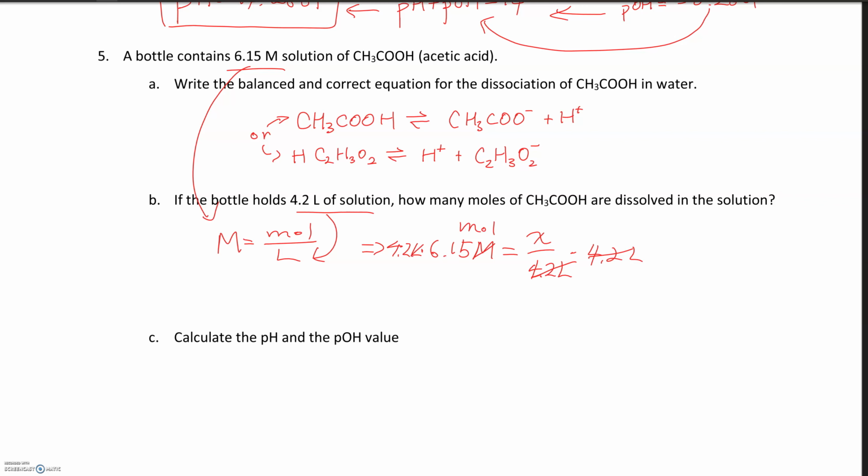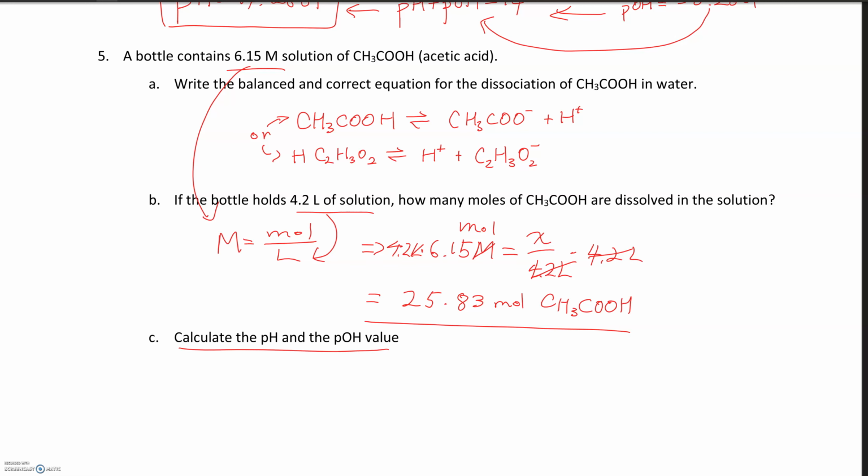And when we do that calculation correctly, we should have 25.83 moles of CH3COOH. And this is how much is dissolved in our solution. We do have to kind of assume 100% dissociation in these type of questions. All right, so let's go on to our next one.